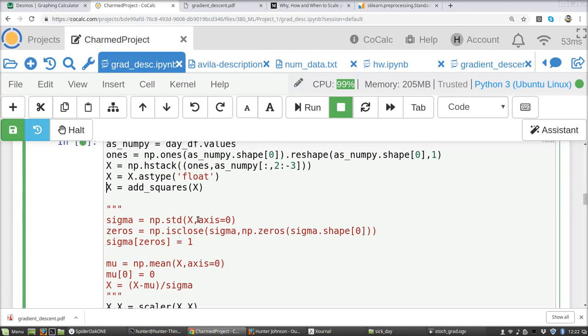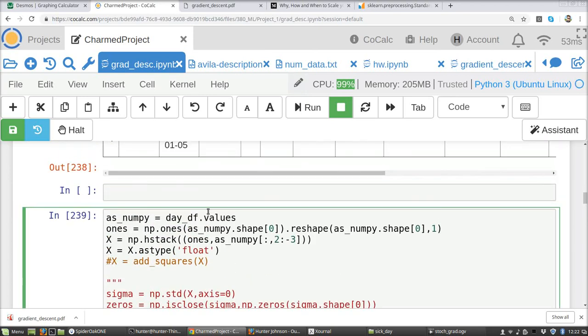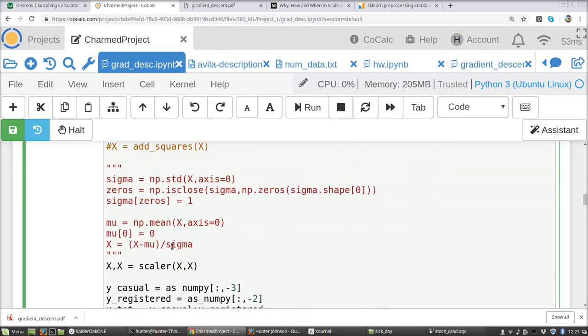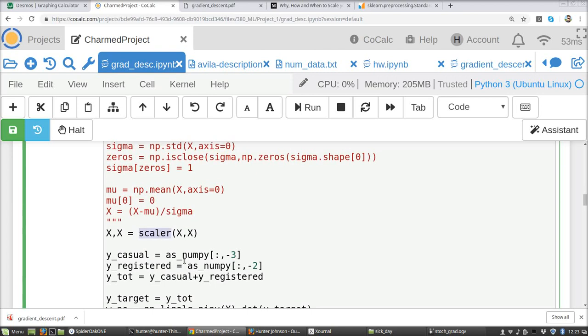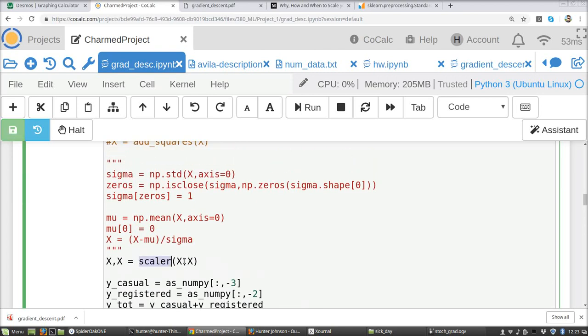Let me just take this out. I was doing a little feature engineering there, but let's leave that out, and we'll just use the data matrix. And here I'm doing some scaling. I don't want to show you that function because I want you to write it yourself. But here in the comments, there's a clue as to what's happening here.